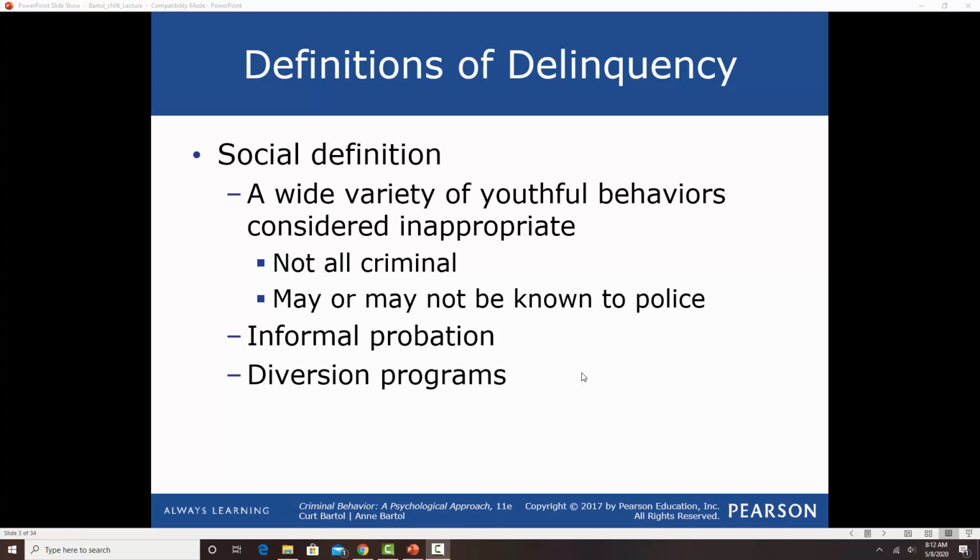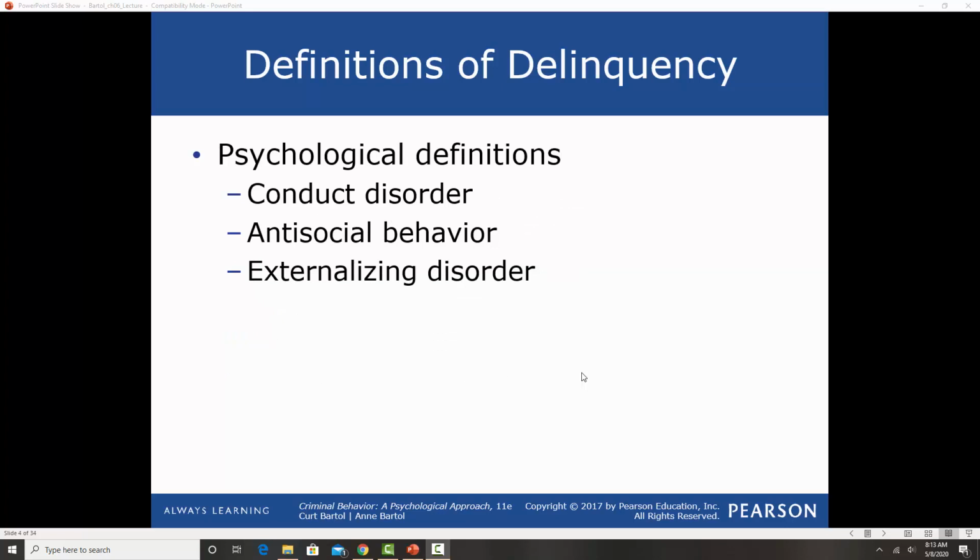Some of those are criminal, some of those are not, and may or may not come to the attention of the police because they can be handled by social services, the juvenile court, diversion programs, and as I mentioned previously, parents often get involved and try to handle it outside the parameters of the legal system.